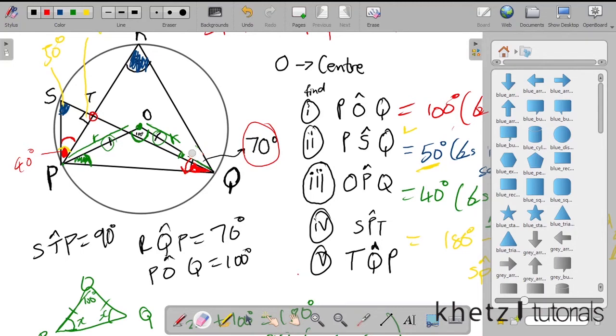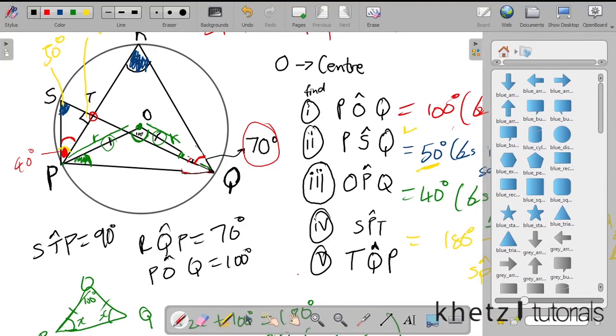Now that we know we have 40 degrees over here, our task is now to find the remainder, which is basically TQP.